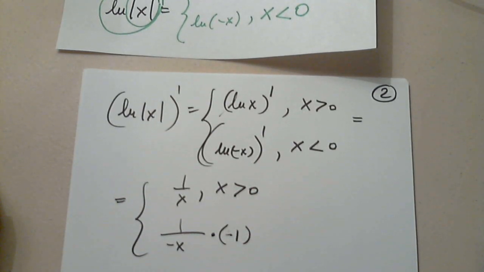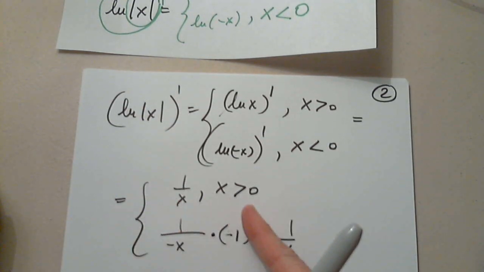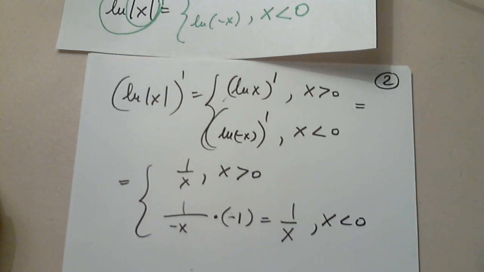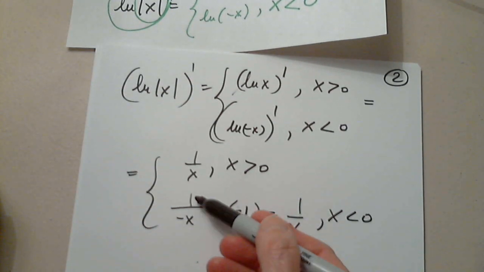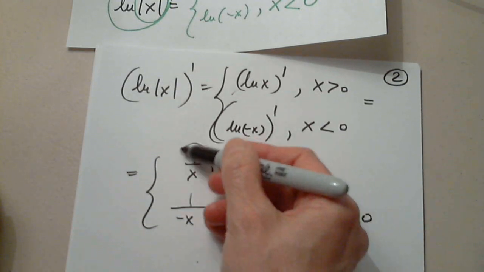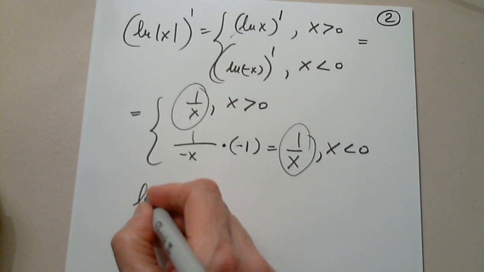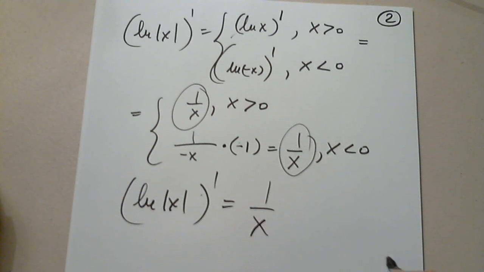Exactly. But look at this. Wow. Same. Because 1 over negative x times negative 1 is still 1 over x. So then we will say that even natural log of the absolute value is 1 over x.